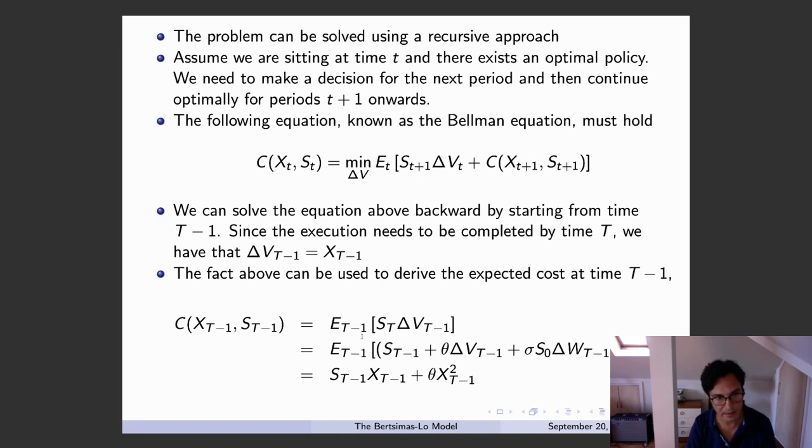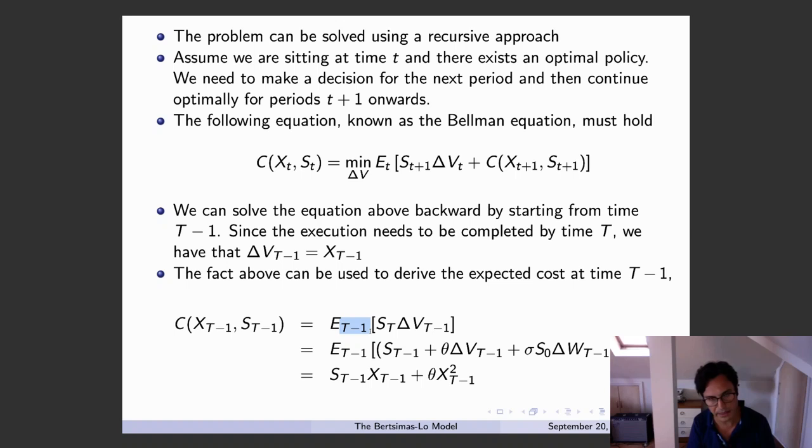But this allows us to compute this component here at time capital T minus 1. You'll see that once we plug things in, the dependency is really on the price at S t minus 1, and the quantity to execute x t minus 1. So here I'll denote by E t minus 1 the conditional expectation, conditional on the information we have at time t minus 1.